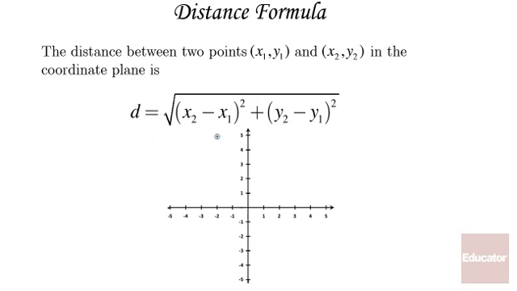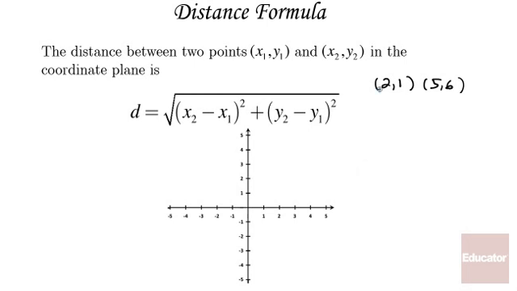Now, let's look at the similarity between this formula and the Pythagorean theorem, and how this is related. Consider 2 points. Let's say you're given the points 2, 1 and 5, 6.